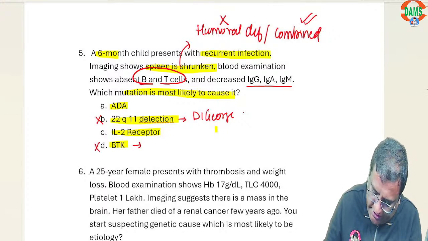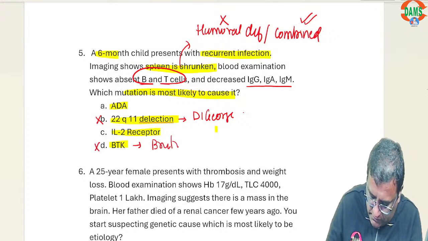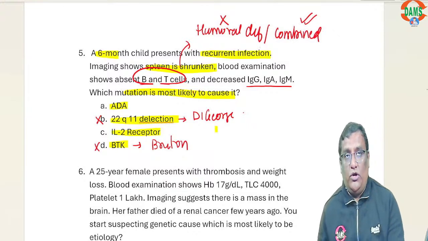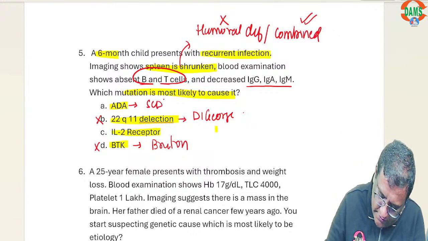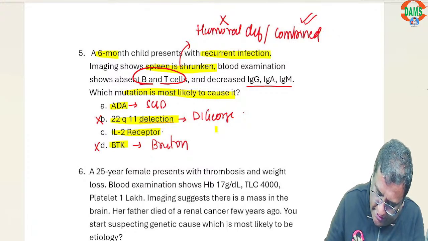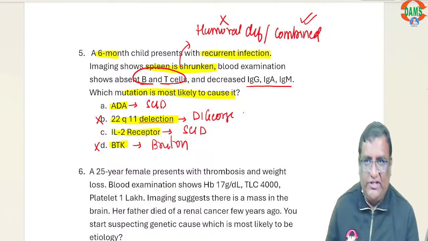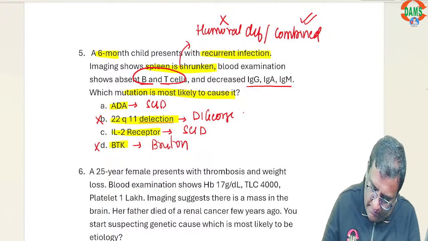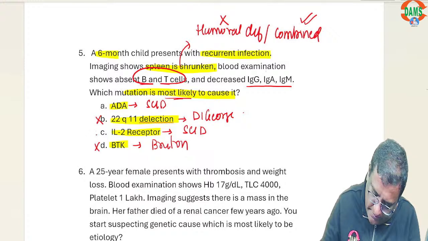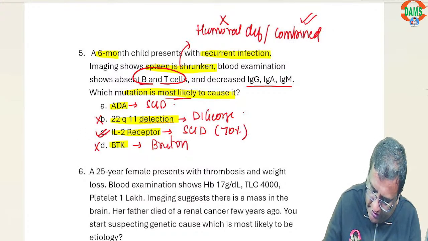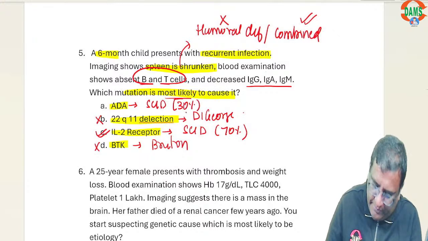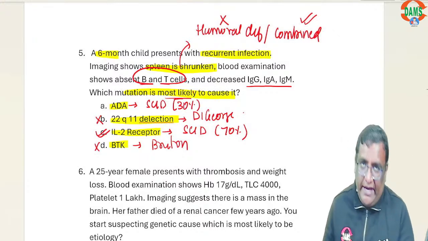BTK is also not the answer. This is Bruton's, which will be purely humoral immunodeficiency. ADA deficiency is also SCID. IL-2 receptor, also called gamma chain receptor, is also a SCID mutation. So the most likely mutation will be IL-2 receptor. 70% of cases of SCID are due to IL-2 receptor, 30% are due to ADA deficiency.